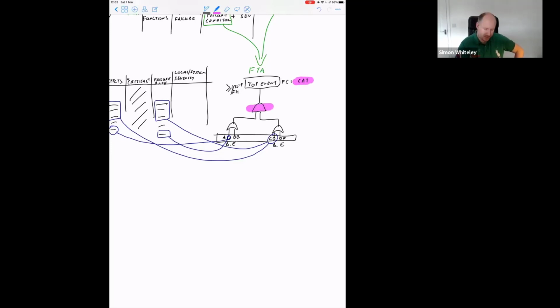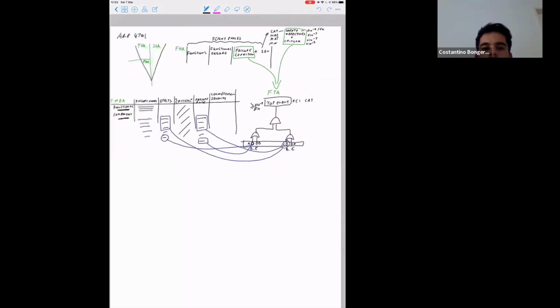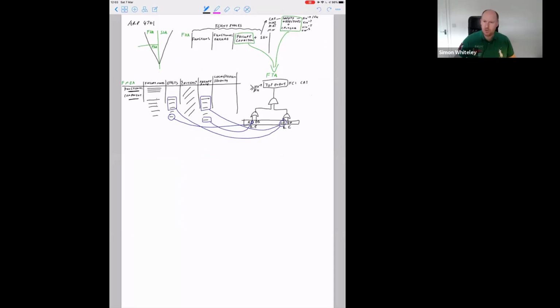If this base event over here was related in some shape or form with the base event over here, clearly that would violate the AND gate. So you can start looking at what's called common mode analysis, situations where a failure or set of failures come about because of a common cause. Are the fault tree and FMEA made at the same time? Not necessarily.